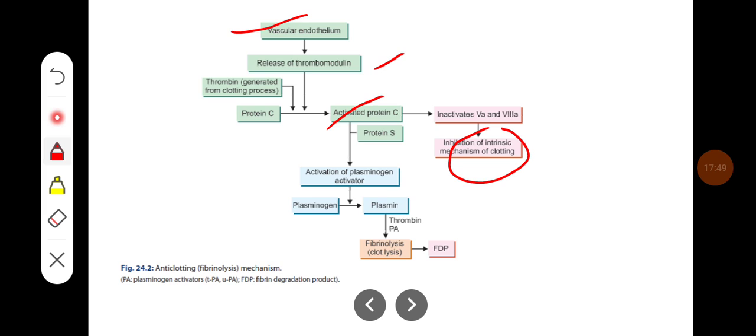Activated protein C with the cofactor protein S causes activation of the plasminogen activator, which converts plasminogen into plasmin. Plasmin is a powerful fibrinolytic agent which leads to fibrinolysis, leading to the release of fibrin degradation products in the blood.